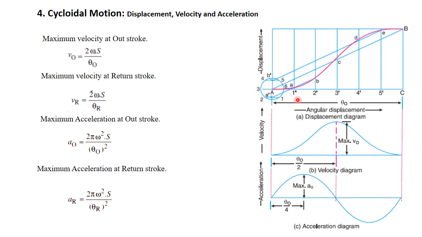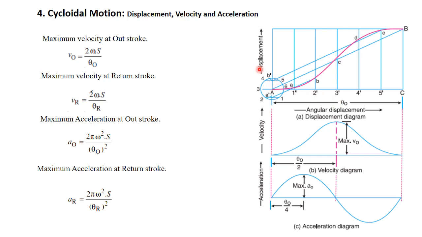Okay, so here on the x-axis we have marked theta naught, and on the y-axis we have marked the displacement of the follower.